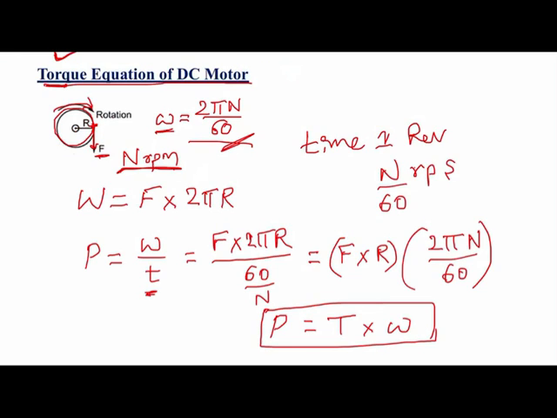That is, by using the relation between power, torque and angular velocity that we derived earlier, which was for a general wheel, we are considering the same equation for the motor. The mechanical power developed is equal to TA into omega, where omega remains the same, 2 pi n by 60, because the motor is running at n rotations per minute.